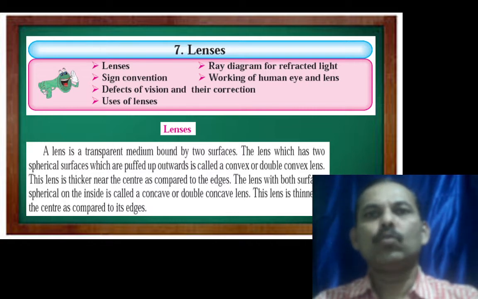So these are the two types of lens, that is the convex lens, which is thicker near the center, and the concave lens, which is thinner at the center.